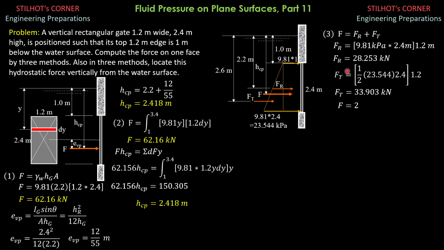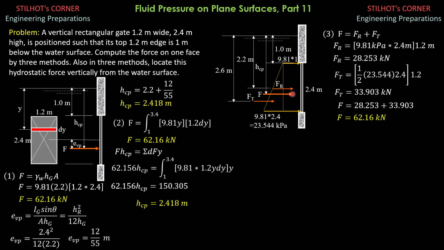So F, which is F_R plus F_T, is equal to 62.16 kilonewtons. More accurately, it is 62.156 kilonewtons. I then apply Varignon's theorem, that the moment of F about the water surface is equal to the sum of the moments of its components.